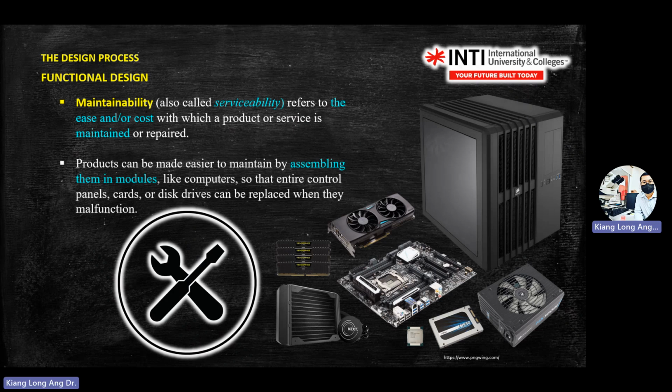If you're in IT or PC, nowadays you see all the PCs have lots of pieces of components. This is also for maintainability. If the memory is broken, you just change the memory. If one of the capacitors is gone or the processor is gone, you just change the processor and so on. So this is an example of maintainability.